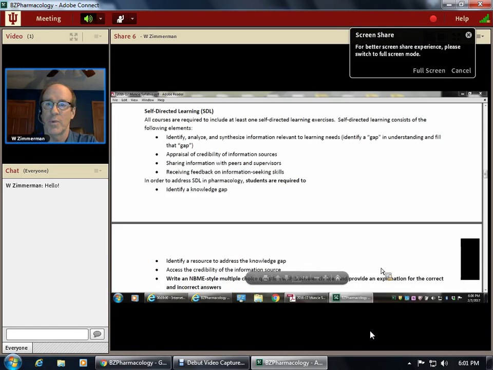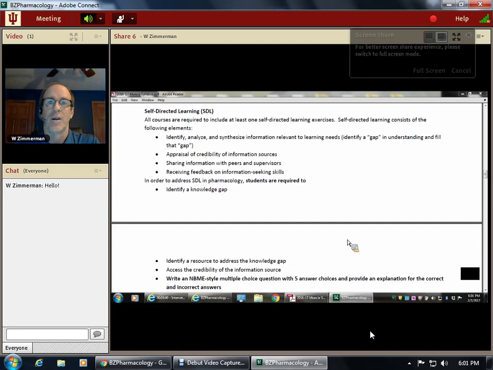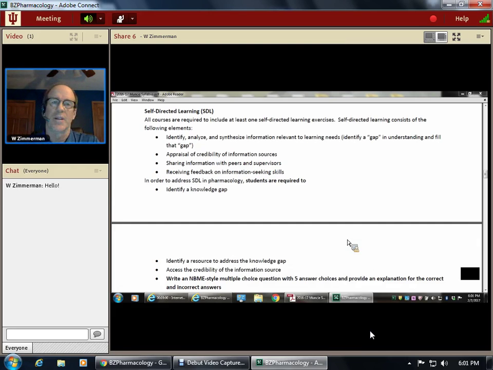If you were to pull open the syllabus, there's this section called the student-directed learning, where medical school and basically the LCME is requiring us to at least have one self-directed learning exercise, where you guys are going to have to identify a knowledge gap, and go do some research, appraise the credibility of your resources, share your information with your supervisors and peers, basically me, but more importantly, we scan on down here in the syllabus.